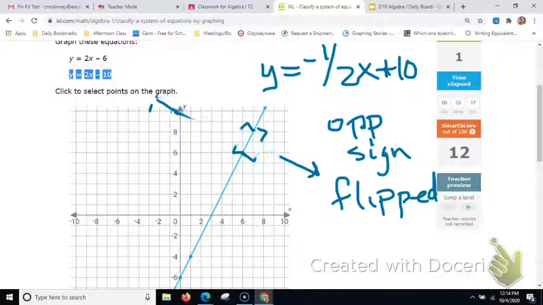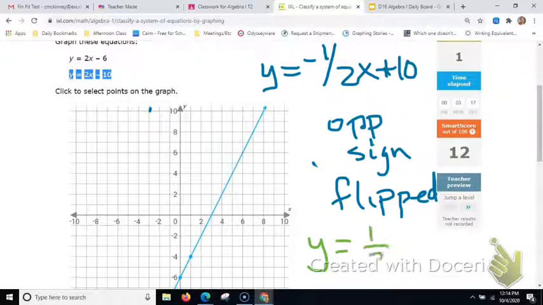So something like y is equal to, let's just say if I did 1/2 x minus 5. There's minus 5, up 1 over 2. It would still cross.